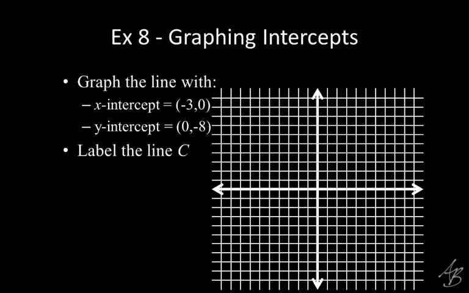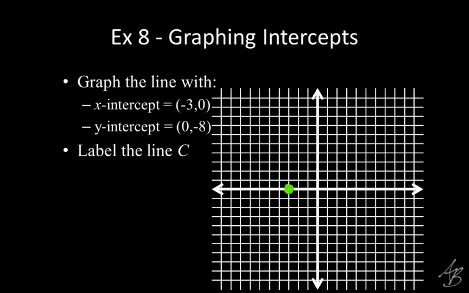So the intercepts look a little bit different here, but it's actually not any harder, is it? All this is doing is writing it as an ordered pair rather than just saying we're going through this number on the x-axis and that number on the y-axis. So we're just plotting 2 points again. This time x is -3, so we'll go to -3 on the x-axis, which should be left 3.